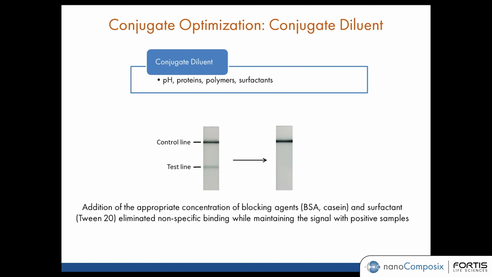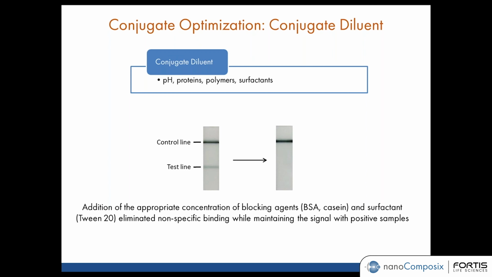On this slide, we'll go over some other optimizations for the conjugate diluent. Here we present 2 strips that were both run with a negative sample where we expect to see no signal at the test line. Initial testing of the antibody pairs showed significant nonspecific binding at the test line, as shown in the image on the left.